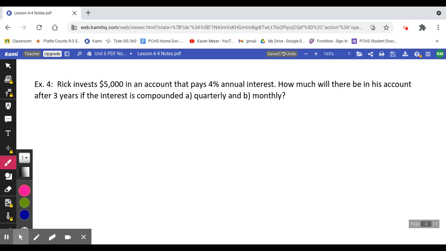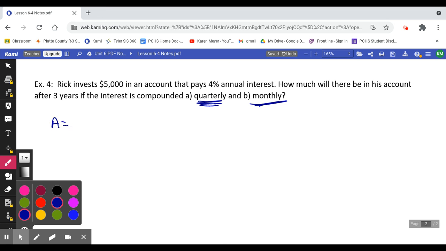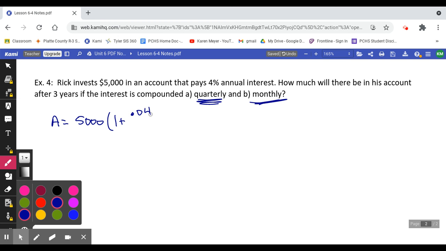Okay, the next one. I'm going to notice I have the keyword quarterly on part A, and on part B we have the keyword monthly, which means this is my first formula. So A equals the starting amount, 5,000, parentheses 1 plus 4% as a decimal, which is 0.04, divided by N. First we're going to do quarterly, and quarterly means 4 times a year.